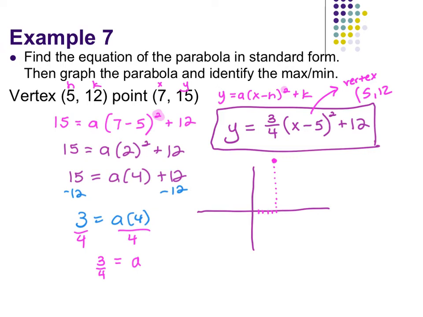So we're just going to approximate this for the sake of this question, okay? Obviously, we've had lots of practice of actually plotting a point to the left and to the right of that. But for now, I know that it's going to be open upward, and I know it's going to be wider than normal. Which means, does it have a max or a min? A minimum, and the minimum is what? 12.